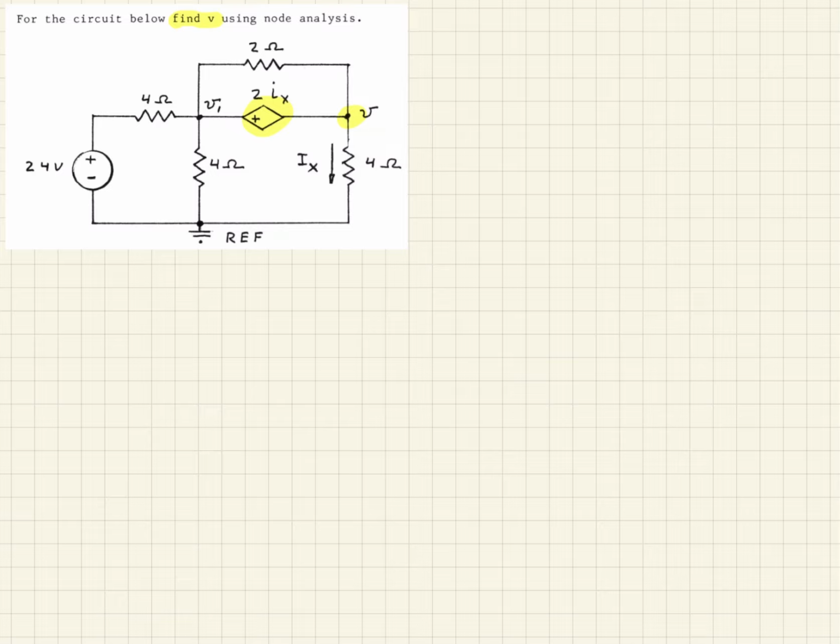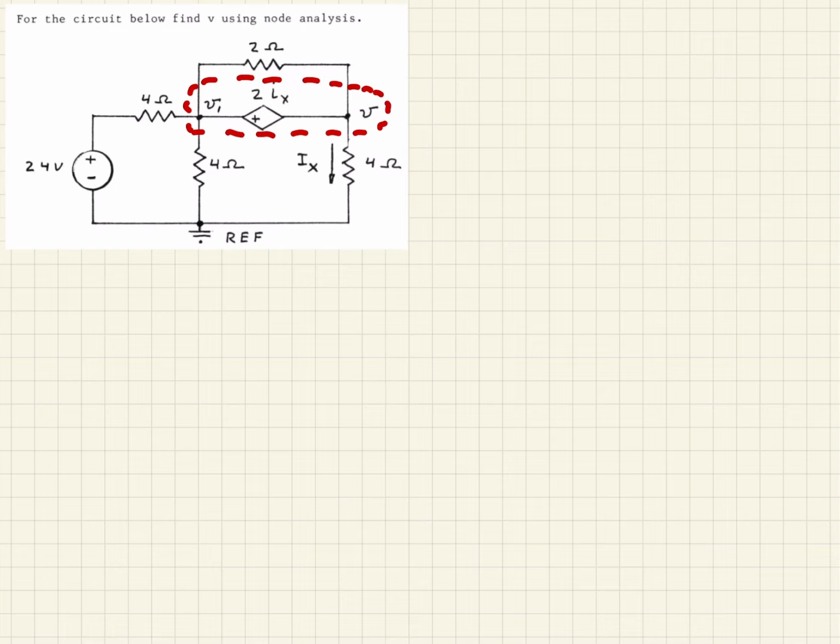So what we do here is we're going to utilize a technique which is called a supernode. And so that means that if we're going to declare a supernode, we're going to take this part of the circuit and declare that as one node.